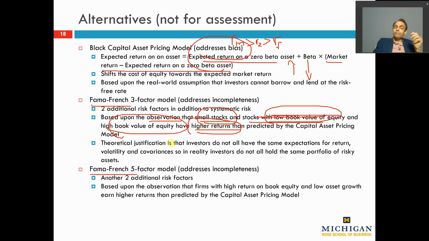And the Fama-French 5-factor model added another couple of risk factors, and they were based upon the observation that firms with low asset growth and stocks that have high return on equity, that is profitable firms, seem to earn returns which are higher than predicted by the capital asset pricing model.